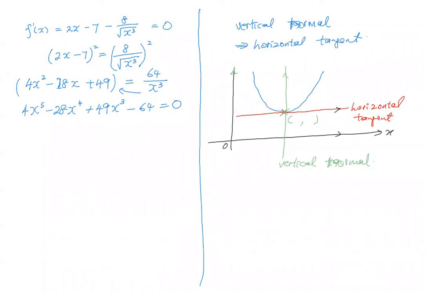And for this one, our function is f(x) equal to x squared minus 7x plus 16 over square root of x. May I know what is the domain for this function?